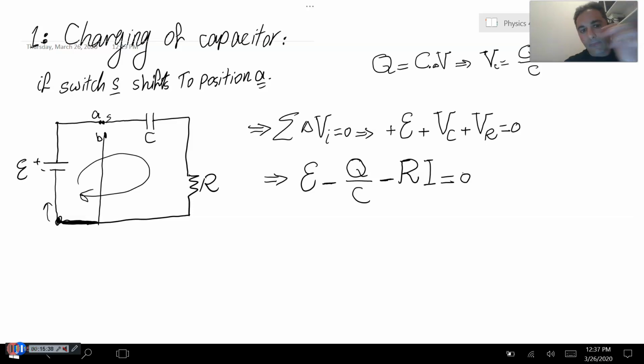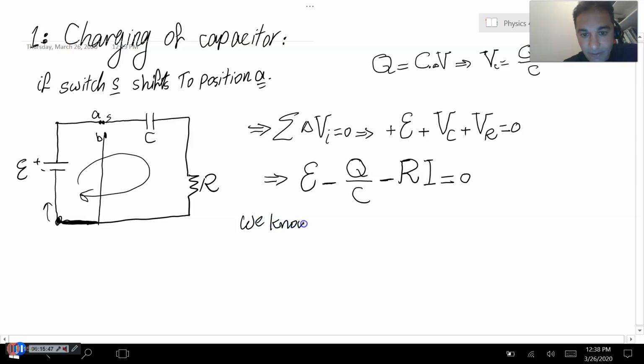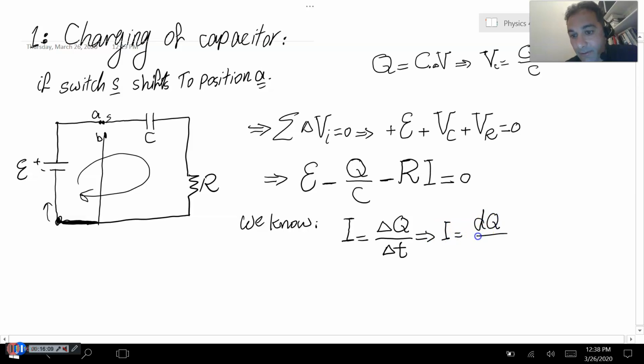Now, guys, as we know, in the lecture, chapter 26, if you remember, what is I? It was delta Q over delta T, correct? Or we said I can be equal to dq over dt.